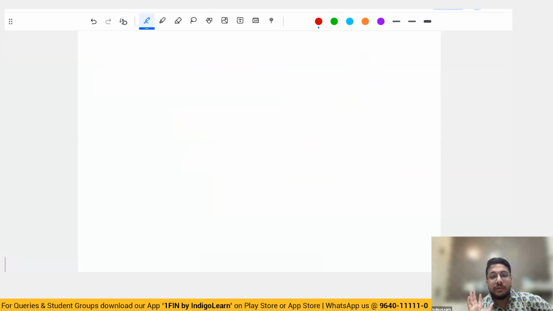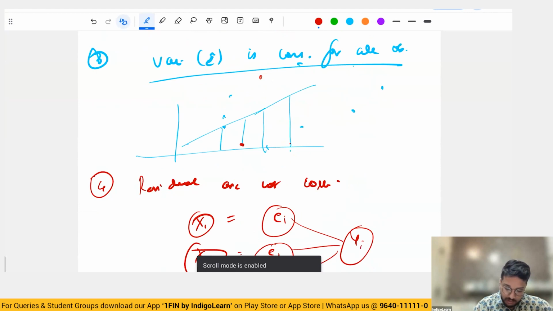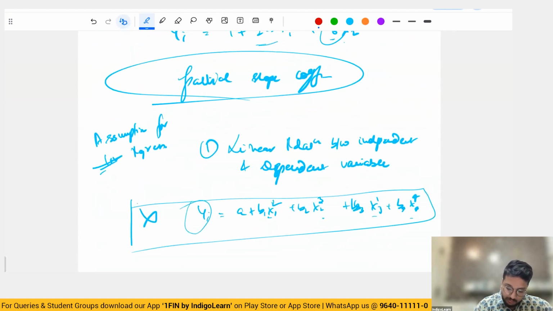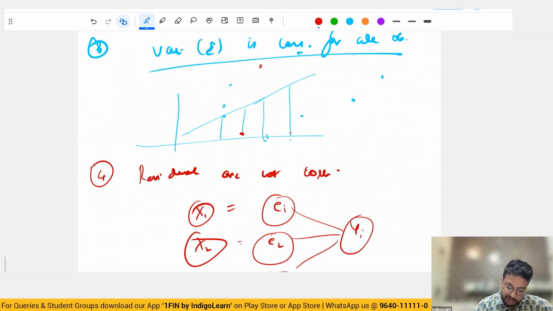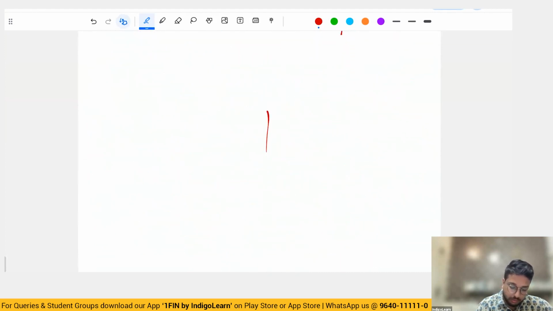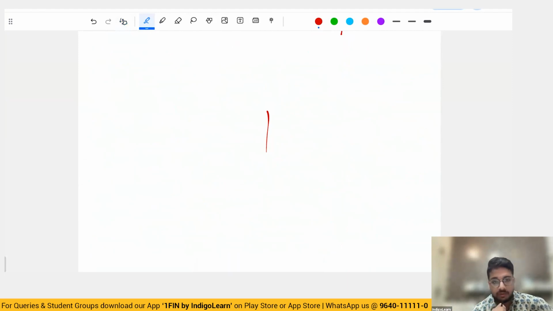This is basically what I wanted, that there should be no correlation between the residuals and the predicted values, which is what I essentially wanted in the first place.